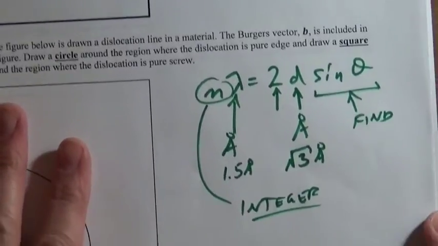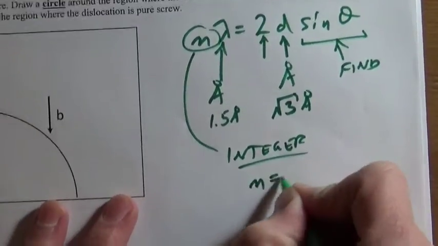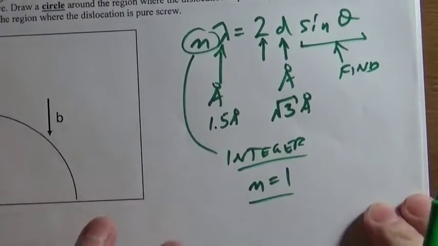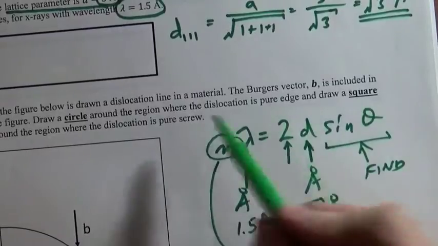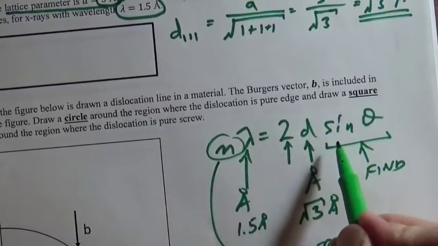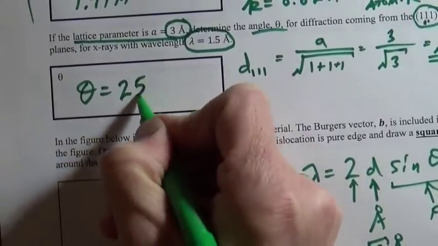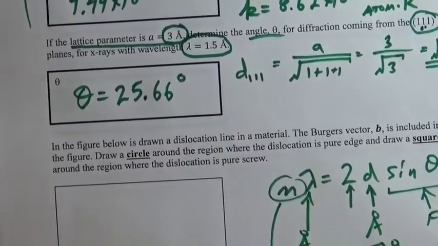And I told you last time that we can get diffraction from n equals 1, 2, 3, 4, 5, and so on, but really the highest intensity is going to be coming from n equals 1. We talked about this in class, so we're going to use 1. And substituting in all of these and then taking the arc sine, we get theta is equal to 25.66 degrees.